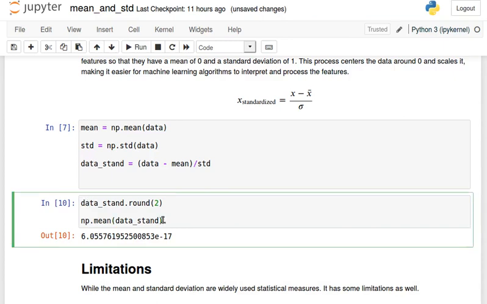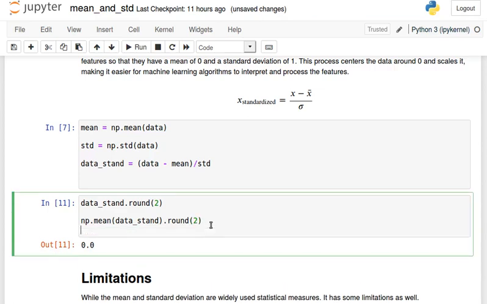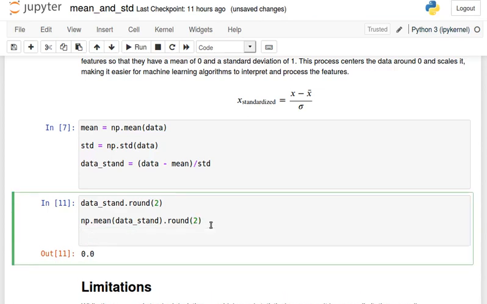We will round it because it is near to 0, to 2 decimals. So it is 0. Mean is 0. What about the standard deviation? So standard deviation is 1.